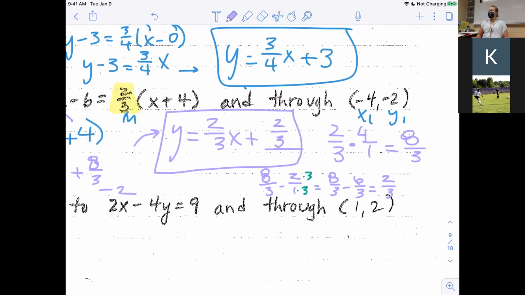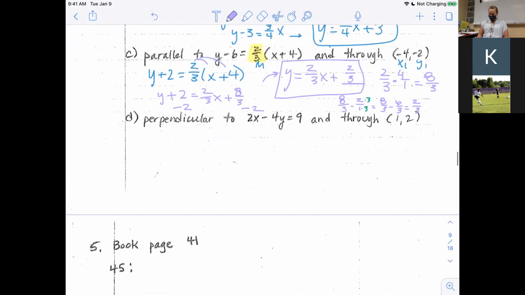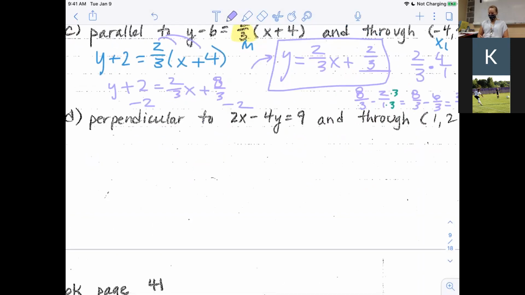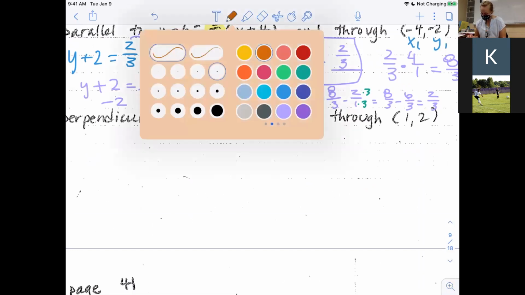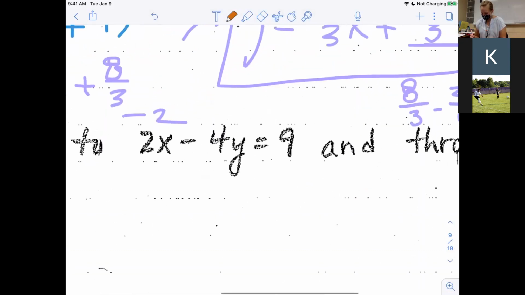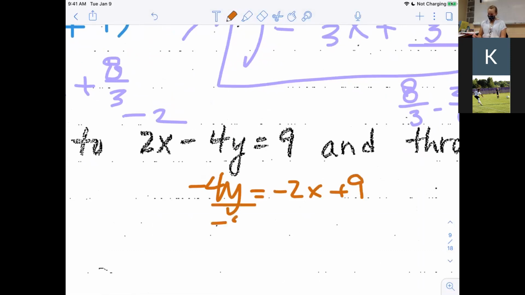All right, hanging in there so far? All right. Let's do perpendicular to 2x minus 4y equals 9 and through the point 1, 2. Gotta find our slope. Solve for y.